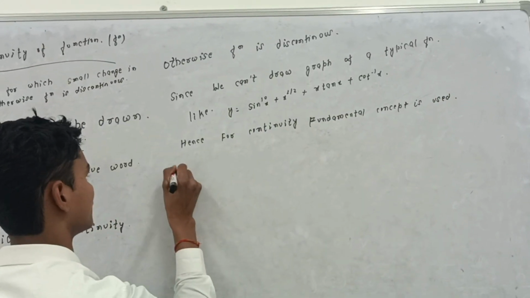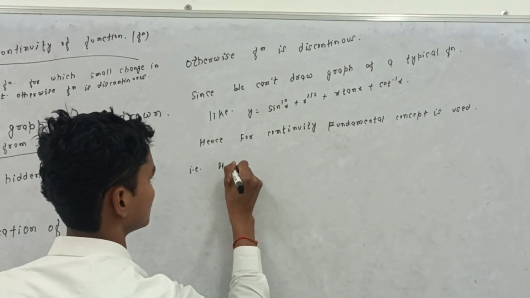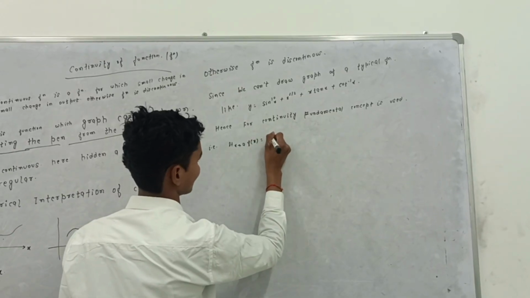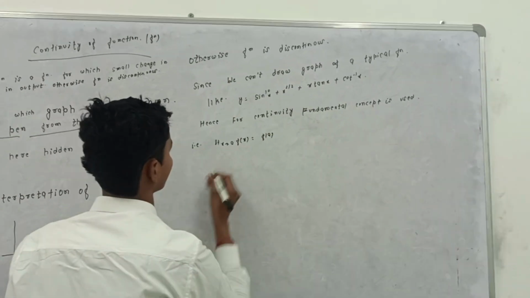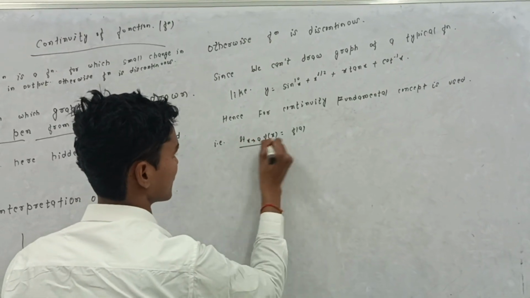That is, limit x tends to a, f(x) is equal to f(a). By limits we know about this thing.